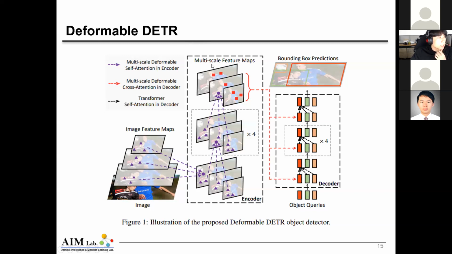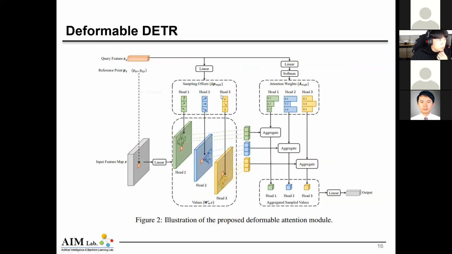But Deformable DETR addressed that problem by using something very similar to deformable convolution. They don't do self-attention for every feature point. Rather than doing self-attention for every point of the feature map, they use sampling offsets.